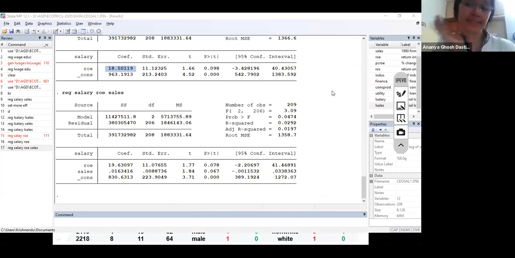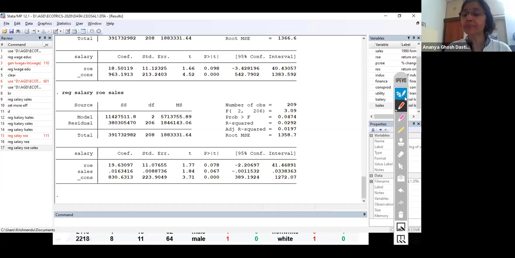So I'm not closing Stata. Opening Stata is very easy. You just double click on the icon and this whole dialog box is going to open. The dialog box that you see on my screen is going to open when you double click and open Stata.